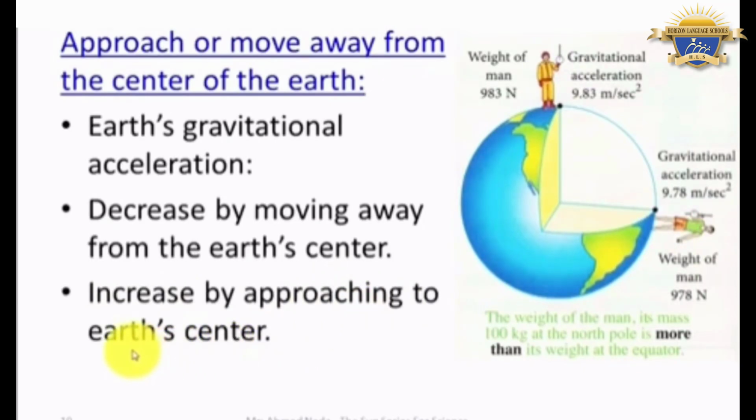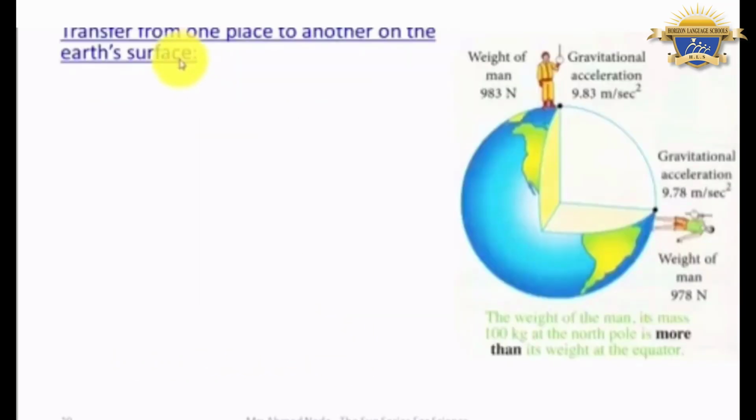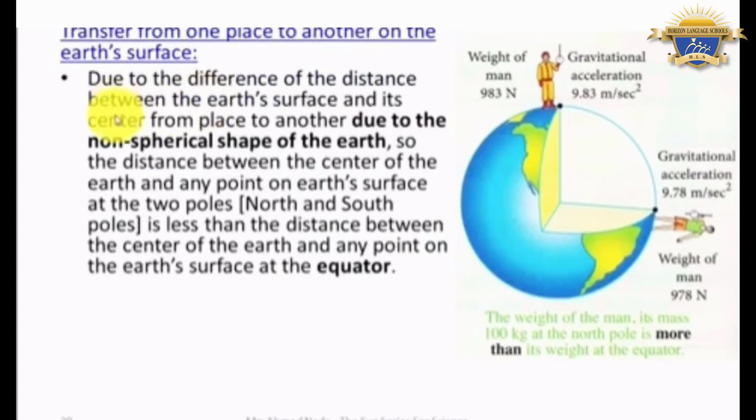The first factor: approaching or moving away from the center of the Earth. The second factor: transferring from one place to another on the Earth's surface, due to the difference in the distance between the Earth's surface and its center from place to place. Why? As you study in social studies, the Earth is not spherical, but slightly oval.